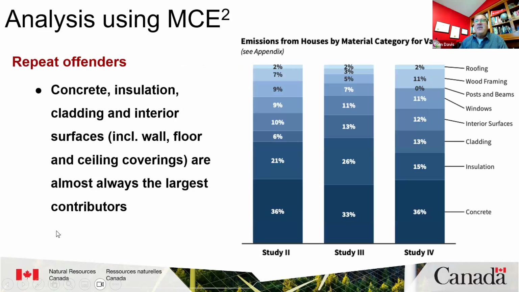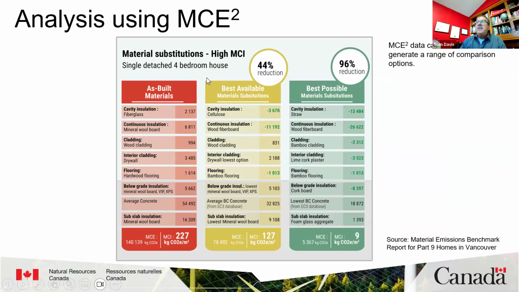Repeat offenders, and I've talked about them: concrete, insulation, cladding, interior surfaces. Look at these big ones: concrete, insulation, cladding. That's roughly half of all of the emissions. Up here, roofing's 2%. You might not be able to drive that much lower. Material substitution.